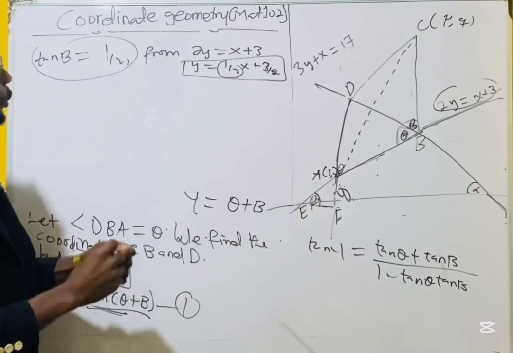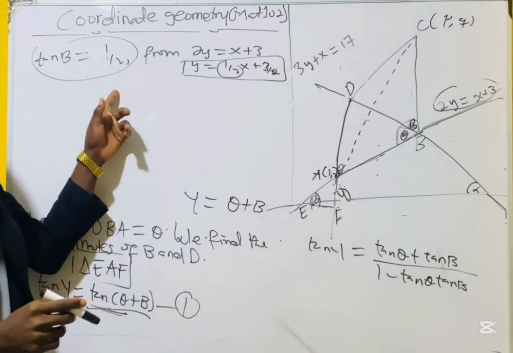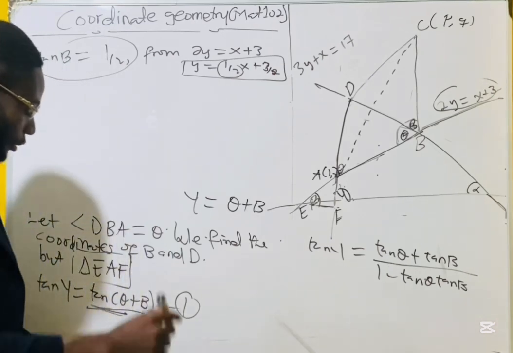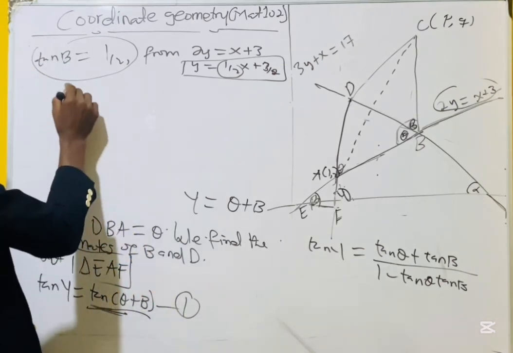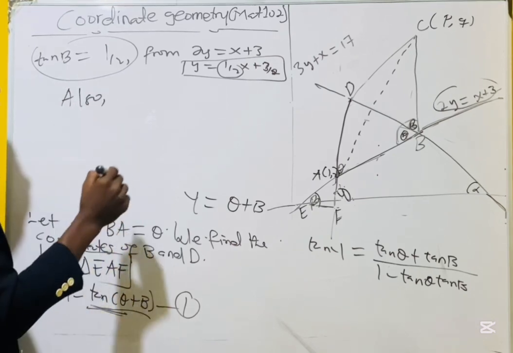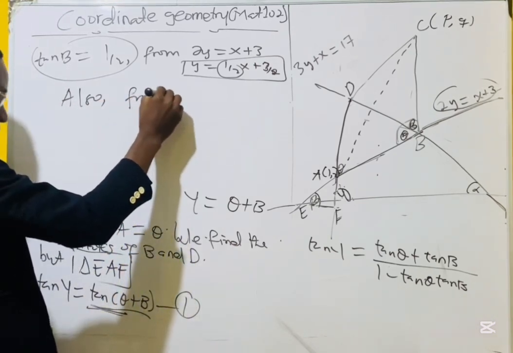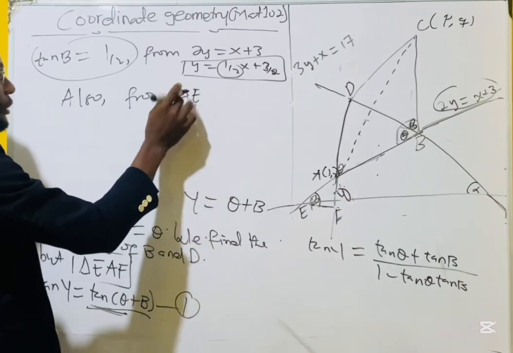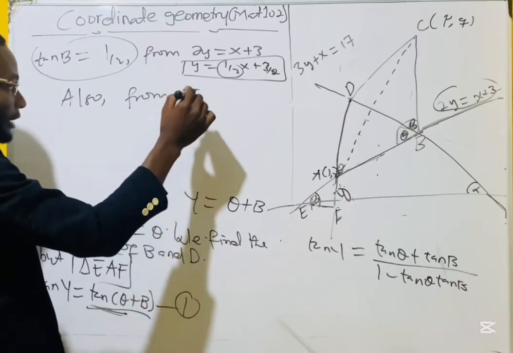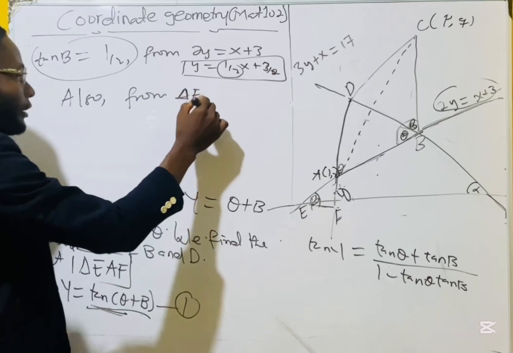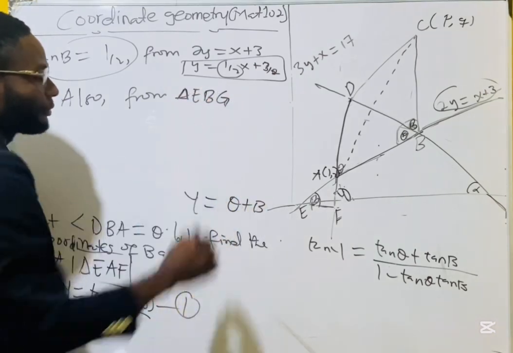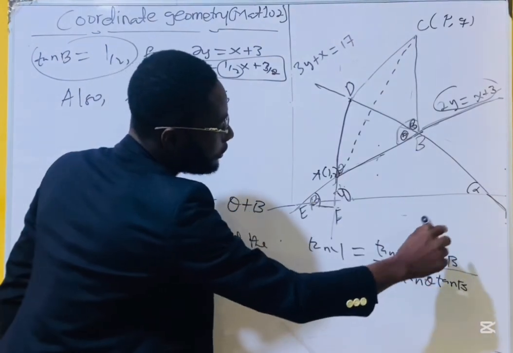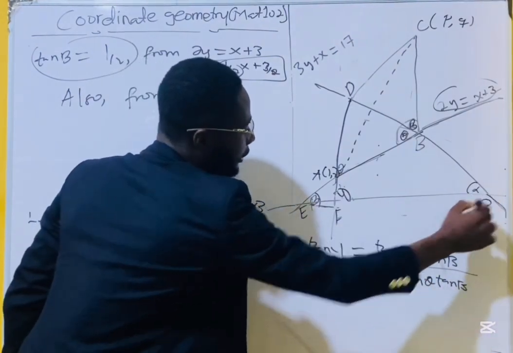Okay. So once we have that, the next thing we have to do is also say that from triangle EBJ, this is J, okay?